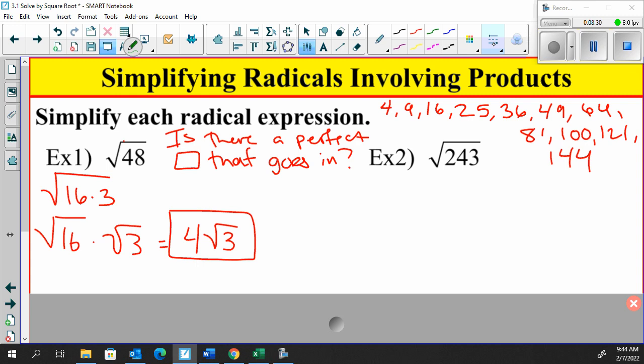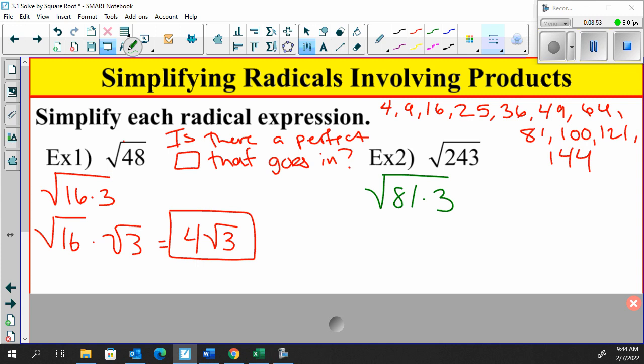So just get out your calculator, do 243 divided by 9, 16, 25, 36, whatever, until one of them works. Okay? And try to get the biggest one that you can. So we can rewrite this as 81 times 3, because 81 times 3 is just 243.